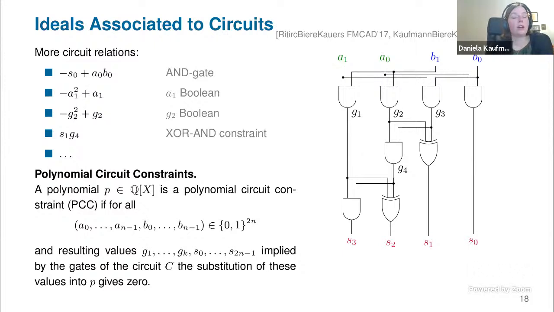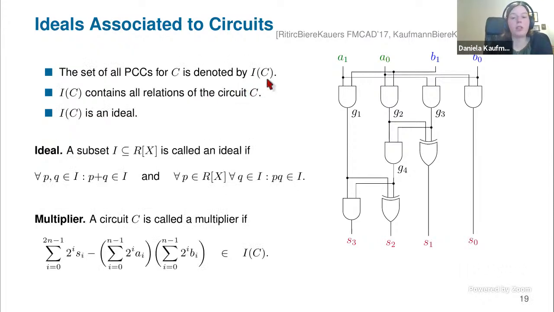And we collect now all these polynomial circuit constraints in a set which we denote here by I of C. So this set contains then all the relations that hold in the circuit C. And mathematically, this set now generates or is an ideal.